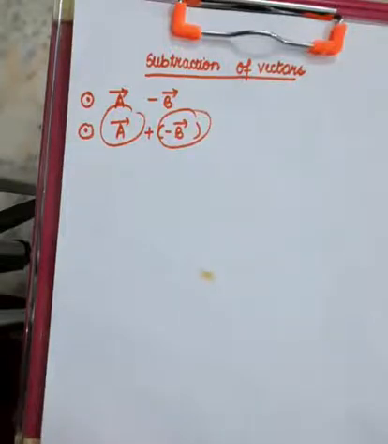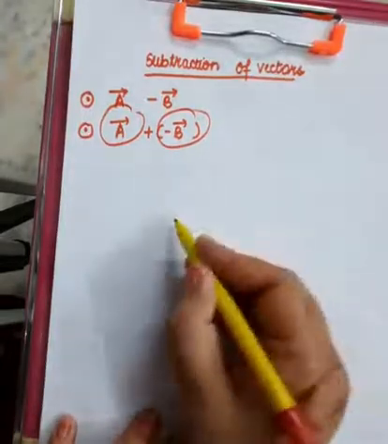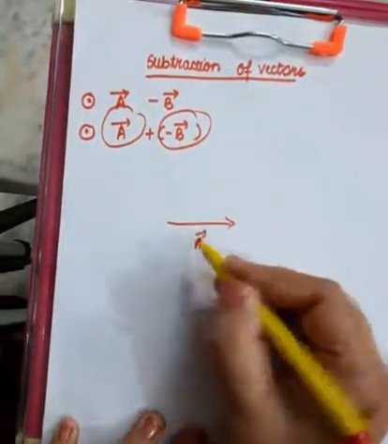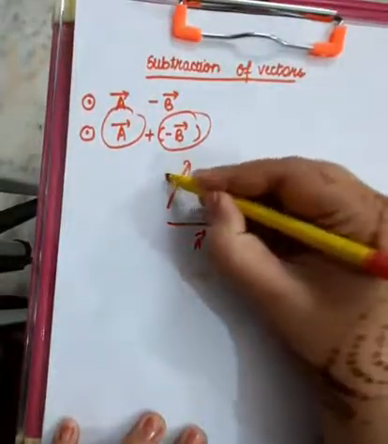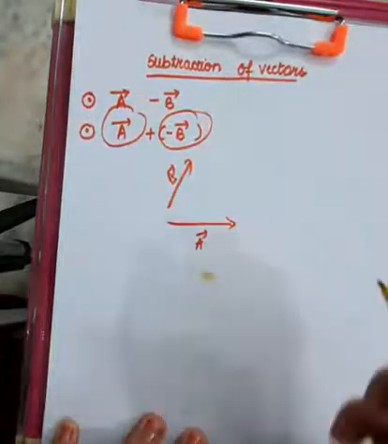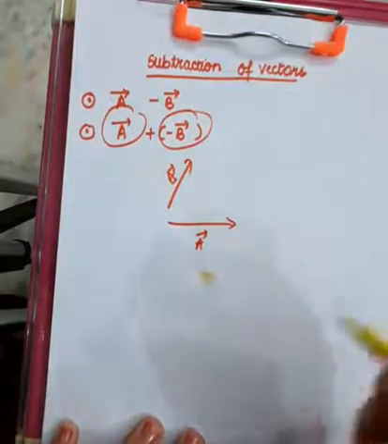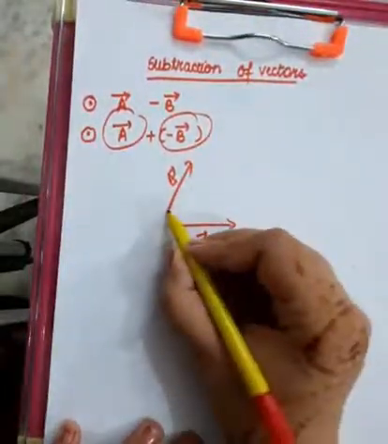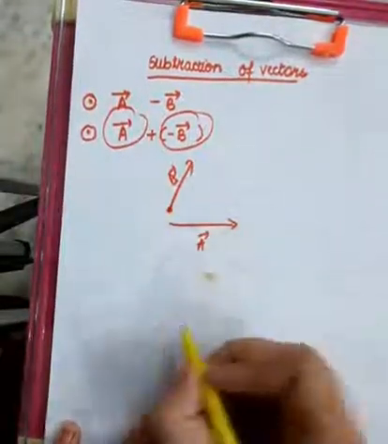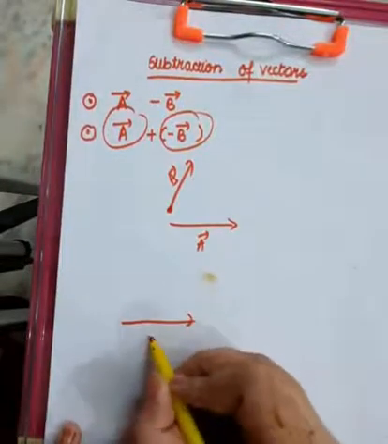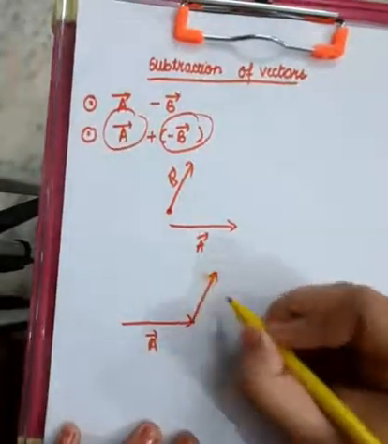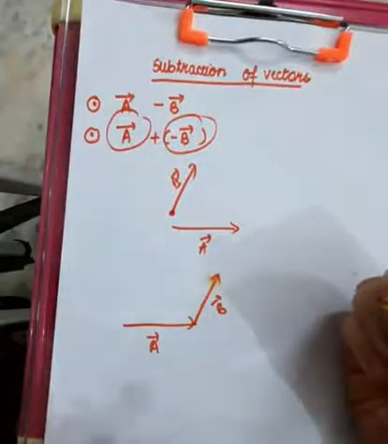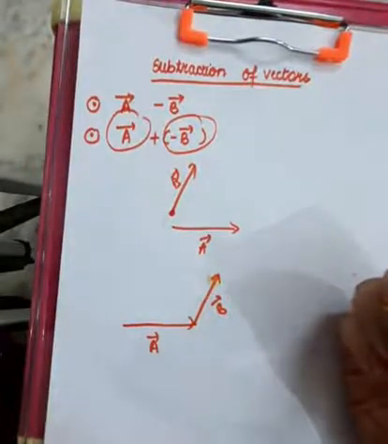Suppose you have one A vector over here and the other B vector over here. You know how to go about it. You have to superimpose the tail to the head so that you can find out the resultant. This is A vector, this is B vector.